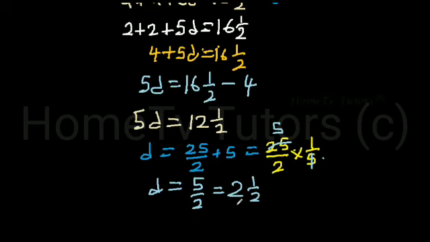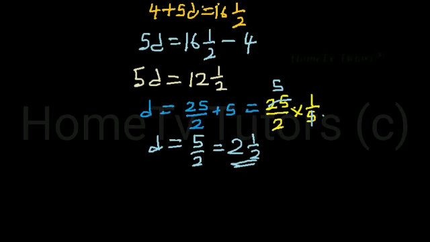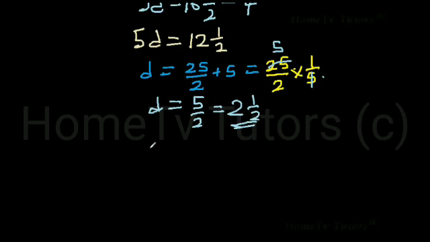So now that we have the common difference as 2 whole number 1 over 2, remember that the fourth term is what we are looking for. Okay, so T4 equals A plus n minus 1 bracket d.